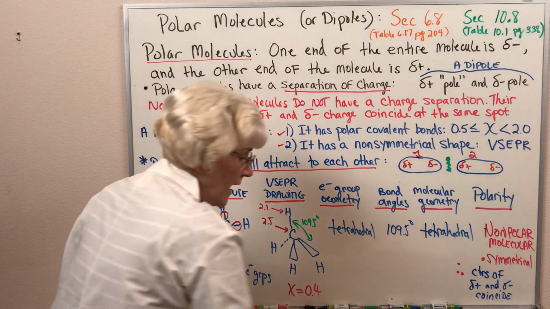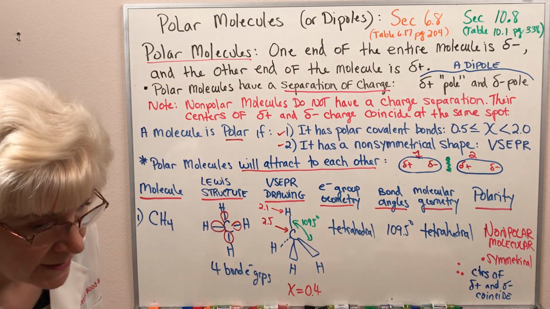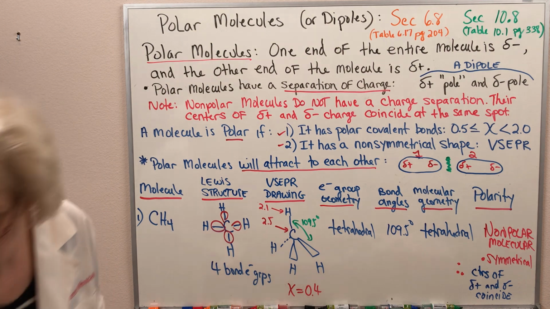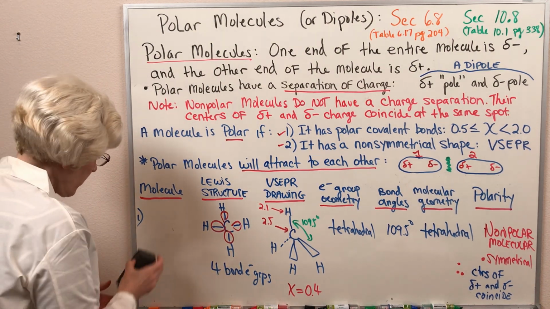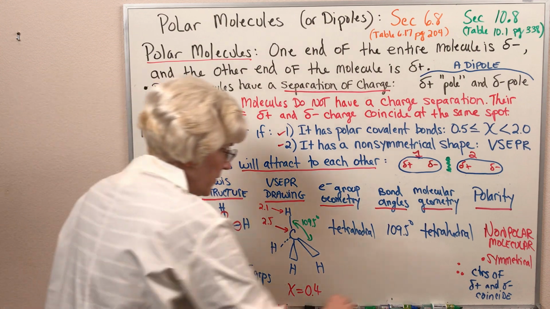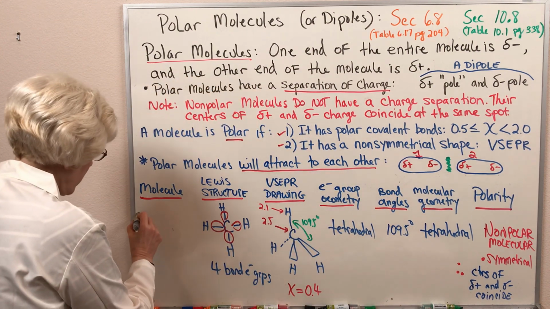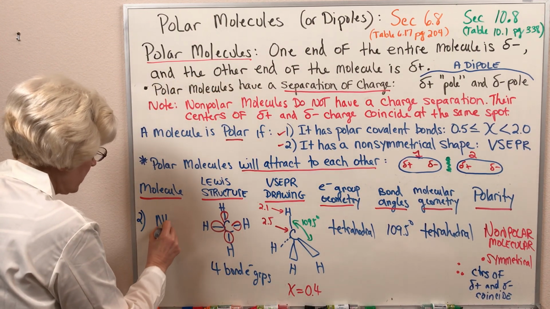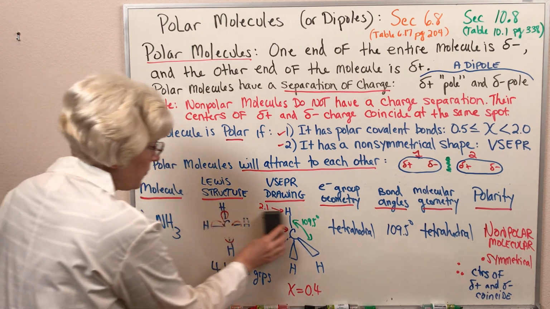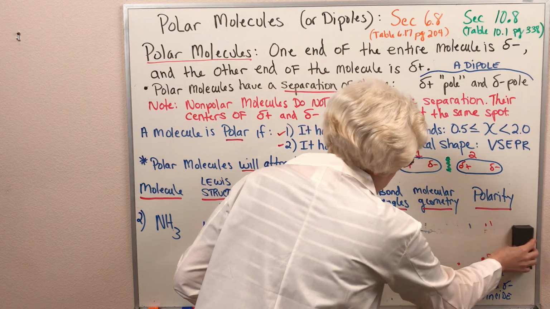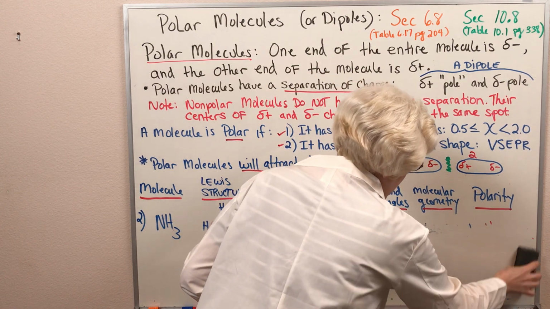Let's take a look at a second example, and this is the molecule ammonia. While I am erasing the board, you can perhaps quickly draw the Lewis structure for the ammonia molecule. What does this molecule look like?